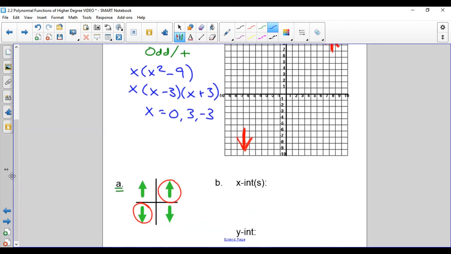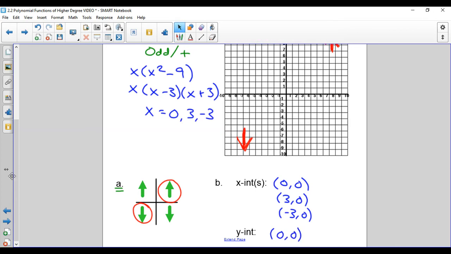You can write them down here as well. 0, 0 is an x-intercept, 3, 0, negative 3, 0. The y-intercept is 0, 0. If the origin is your x-intercept, it is also your y-intercept. So we go ahead and plot those. Negative 3, 0, we'll go there first, then 0, 0, and 3, 0.